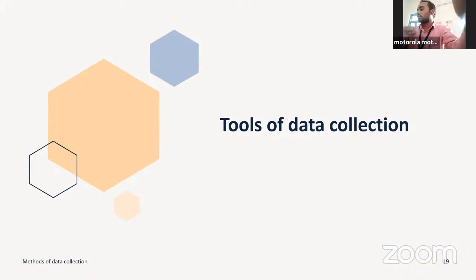Okay, so the next topic of our presentation is tools of data collection. We discussed different types of sampling methods, and now we will discuss the tools of data collection. I will explain a simple difference between methods and tools. The method is the process, and the tools are the devices we use for the collection of data.